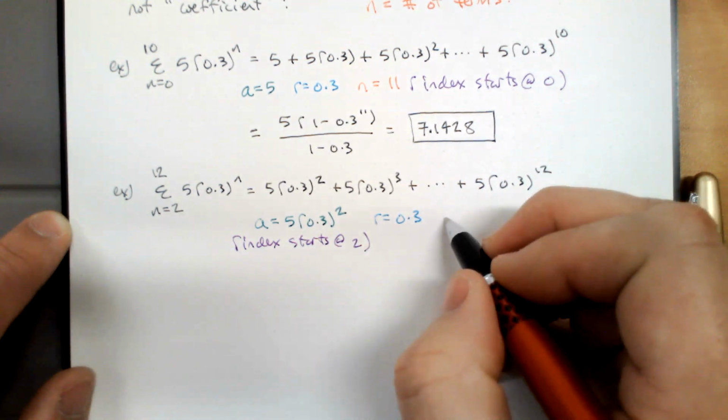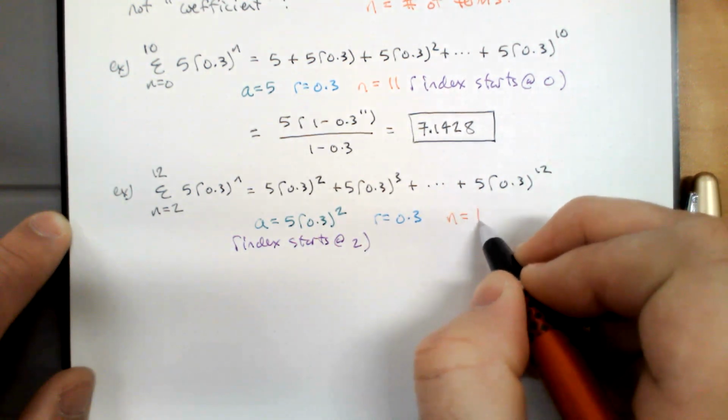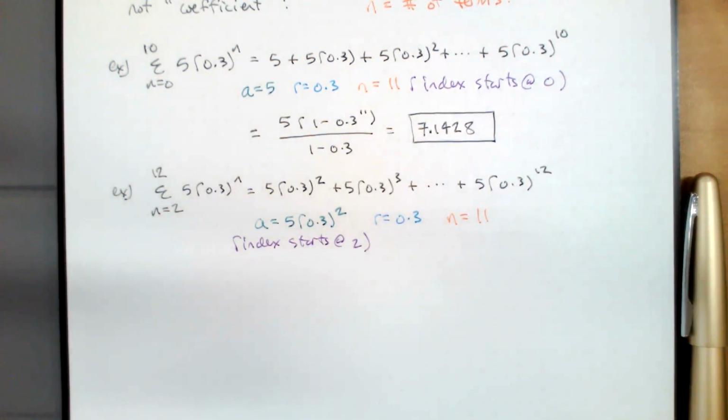And the number of terms is still 11. Two is first, so 12 is 11. Twelve minus 2 is 10 gaps. That leaves 11 posts.